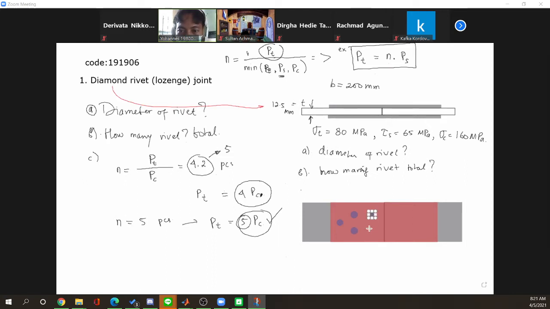For the left side, we have 5 like this. And also for the right side, we also have 5.